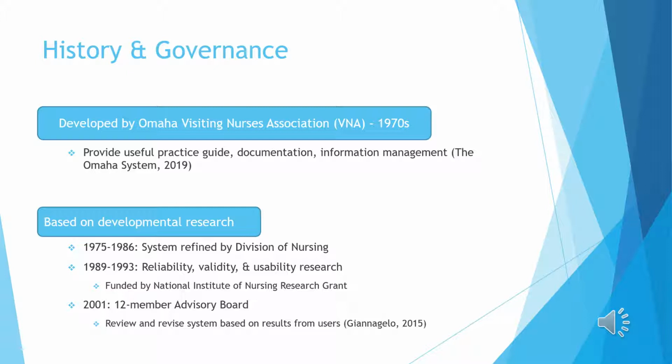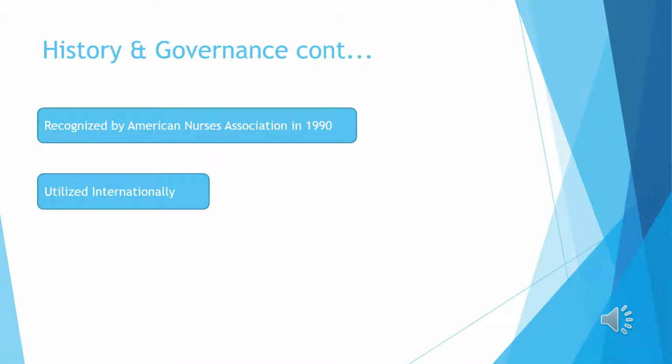In addition, during the year 2001, a 12-member advisory board was created to review and revise the system based on results from comments of users from survey results on conducted system research studies. The Omaha system is also currently recognized by the American Nurses Association, or ANA, and was first recognized by them in 1990.